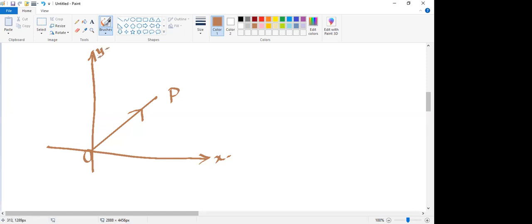I'm saying OP is the position vector of the point P. Okay?